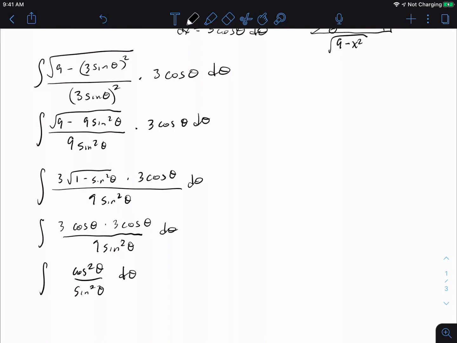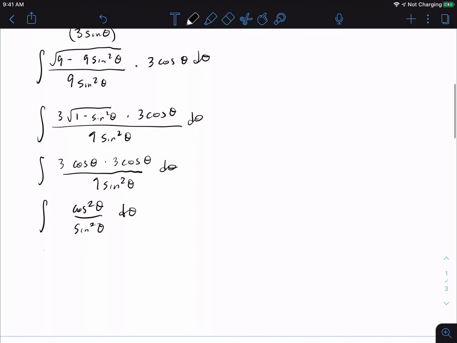And cosine squared theta over sine squared theta is what? Isn't that cotangent squared theta d theta? Yep. Okay. And now this step is remembering your integration for cotangent squared theta. The integration for cotangent squared theta is cosecant squared theta minus 1, right?